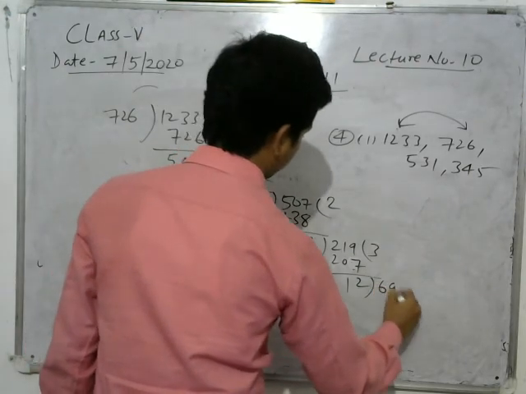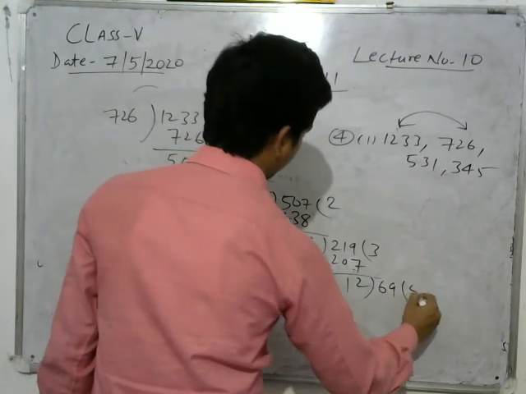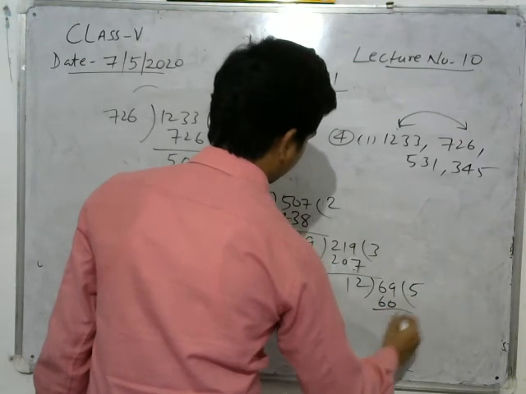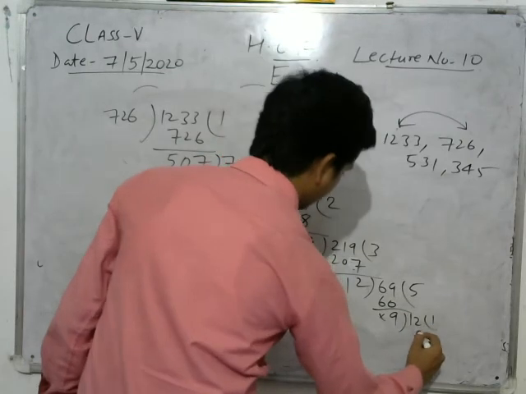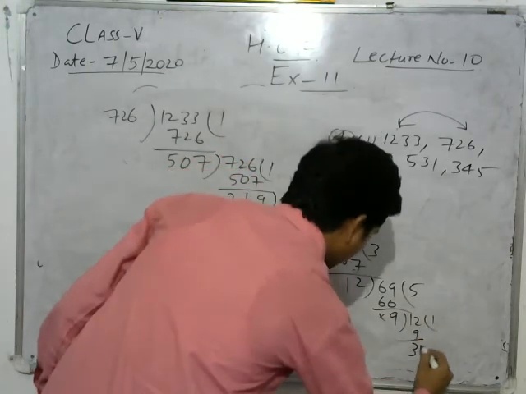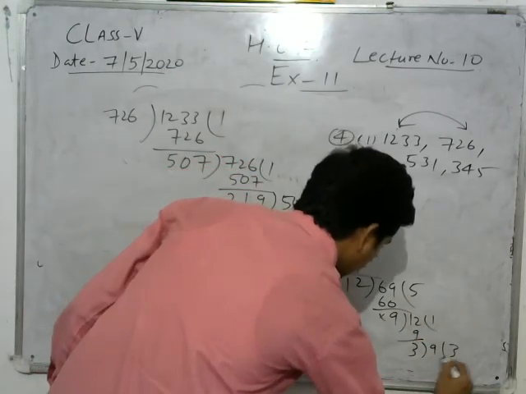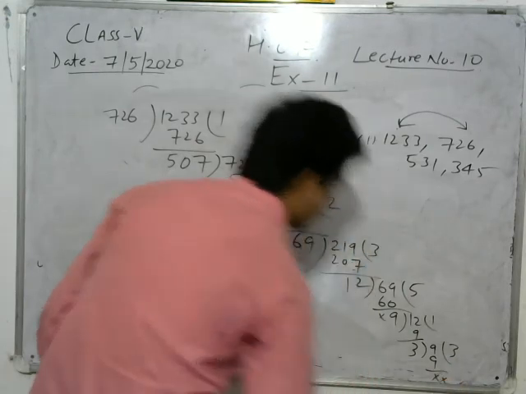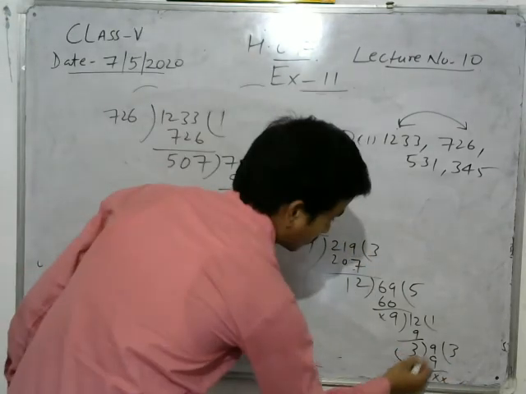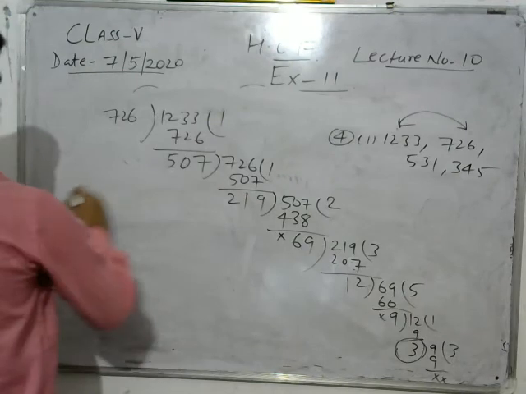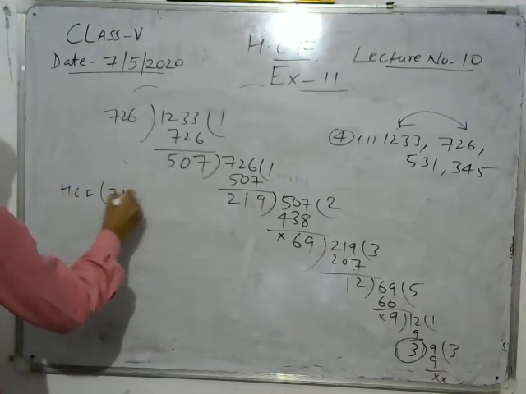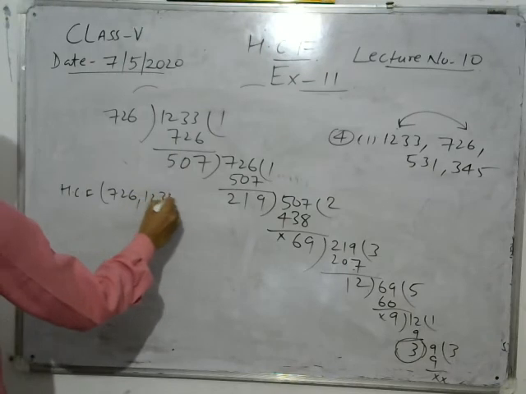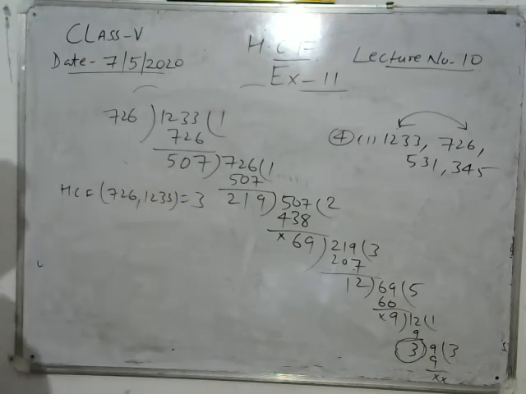Now 69, 12 5 is 60, again 9, 1 times 9, 3 3 is 9. So our HCF is this 3. So the HCF of 726 and 1233 is equal to 3.